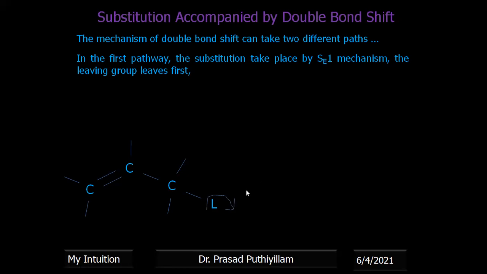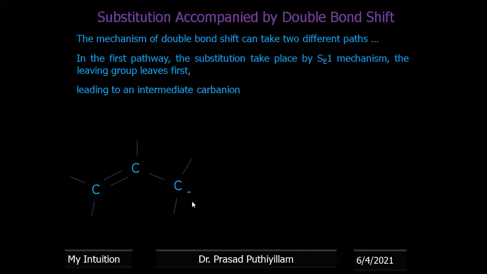The removal of L is represented here with an arrowhead, which gives a carbanion, because the leaving group is not taking the bonded pair of electrons; only the atom or group of atoms is going. This bonded pair of electrons remains there, giving extra electron density on this particular carbon, which makes it a carbanion. Carbanion means a carbon having a negative charge, extra electrons.